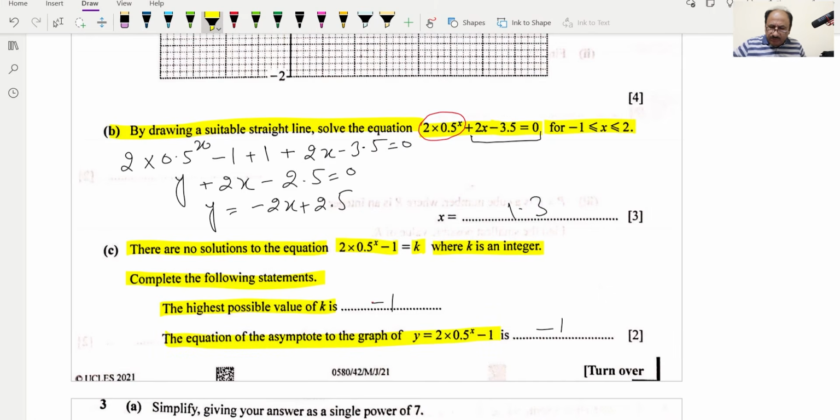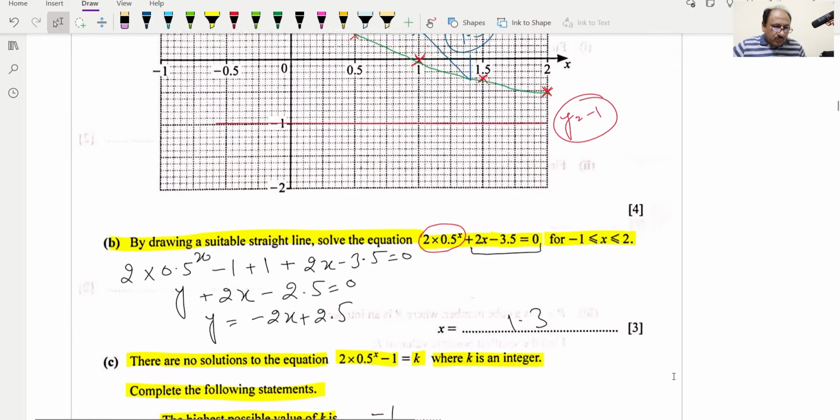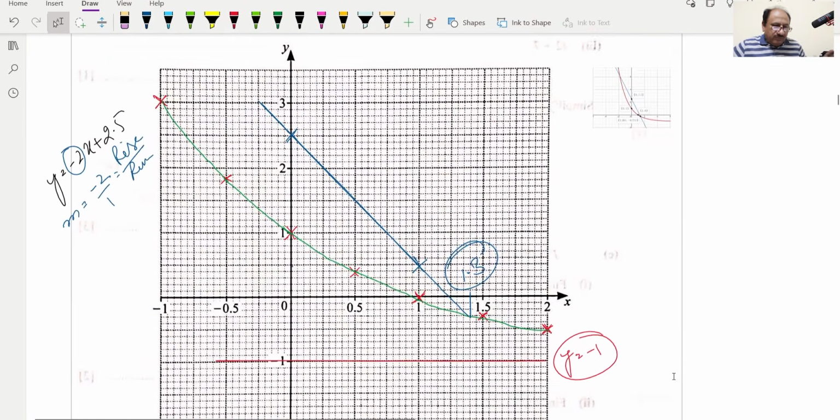For the time being, see, we have done the question, but you need to practice these types of graph questions with some software. There are so many softwares available on the net, so you can use any of them. I will switch to the software and show you how you can practice this.